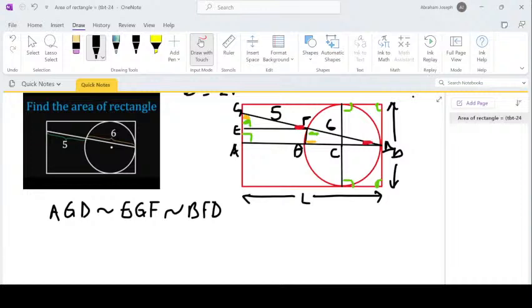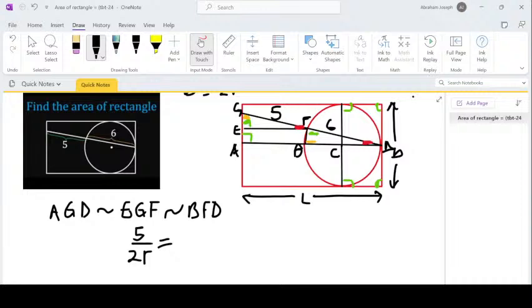Using the similarity ratio, we'll just take it in terms of their corresponding angles. The corresponding side in these two triangles is 5. So 5 over BD, and BD is 2R, because they are similar, must be equal to another length. Let's say the yellow.